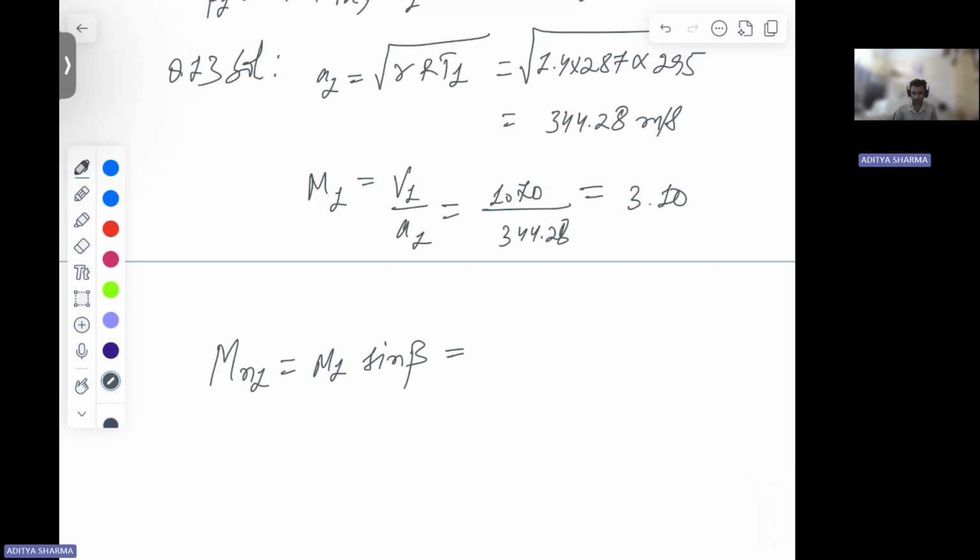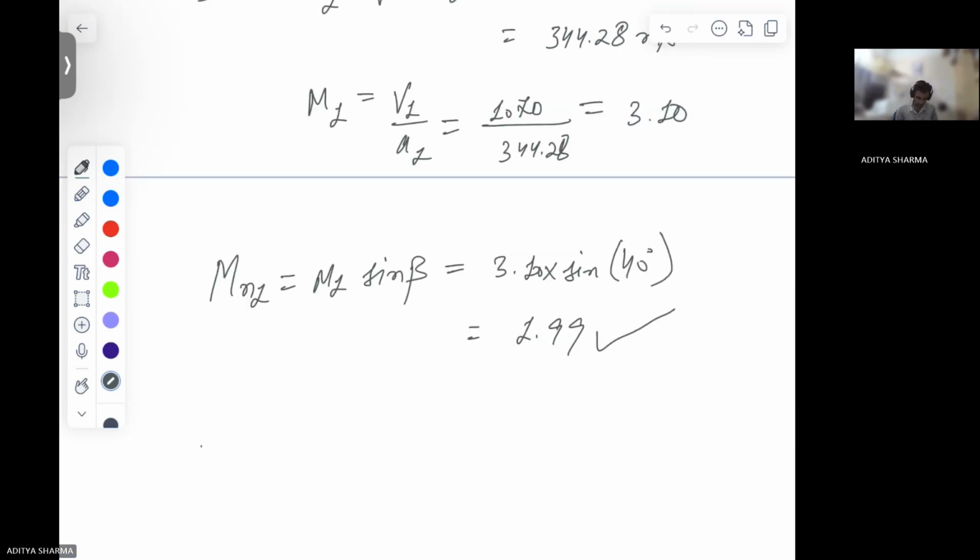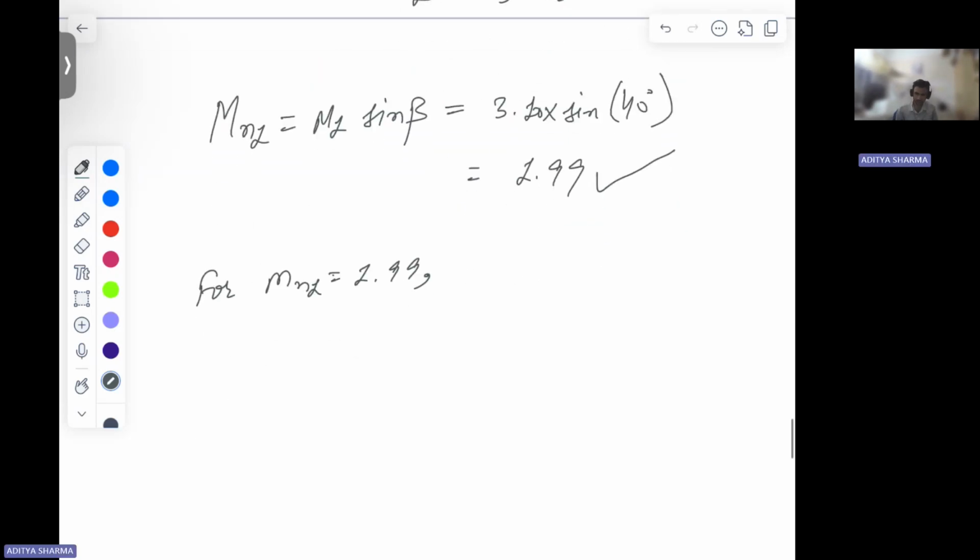So M1 sine beta: M1 is 3.10, beta is 40 degrees, so this comes out to be 1.99. Now corresponding to Mn1 equals 1.99, your P2 by P1 is 4.45 and your T2 by T1 is 1.67.